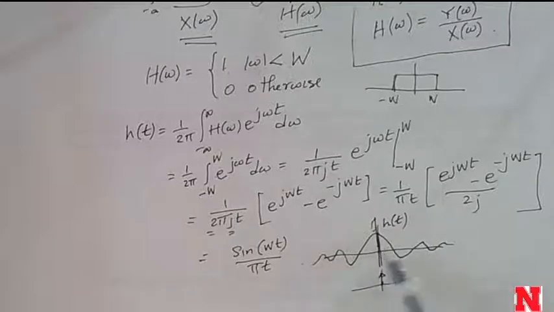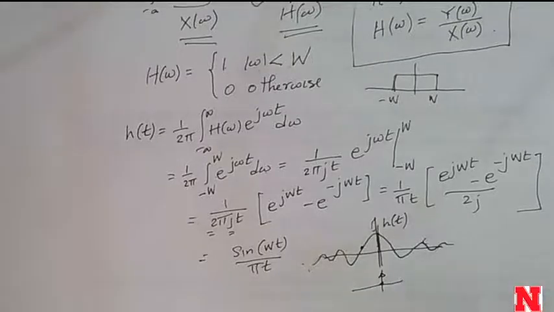This is the past, this is the future, so that means that the system is responding prior to the impulse, prior to the input showing up. In fact, this goes all the way to minus infinity, so it's responding infinitely far ahead of when the input is going to occur. And that makes this not realizable. That's why this brick wall filter is not something that you can get, right?